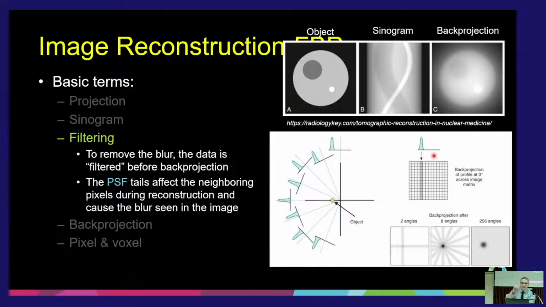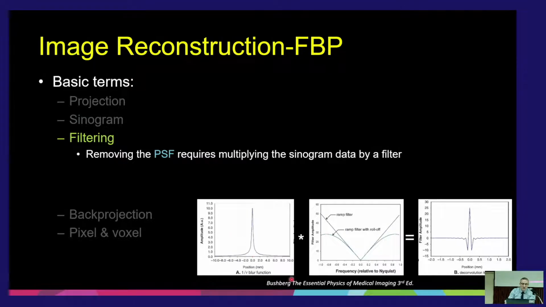We want a single, what we call delta function, a single point on the detector that doesn't interfere with the other detector elements. To do that, we introduce what's called a filter, and that's why we call it filtered back projection. We simply take that point spread function, as you can see here, and we're going to filter off the tails as best we can so that we get just a single point, a single delta function.